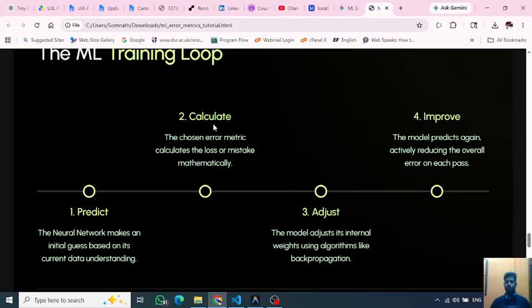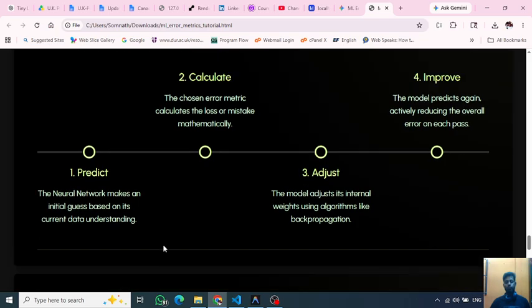Then adjust based on the metric: we adjust the model parameters, and the model predicts again. Now it improves, actively reducing the overall error with each pass. And again we predict and repeat the same process. Okay, this is a loop.